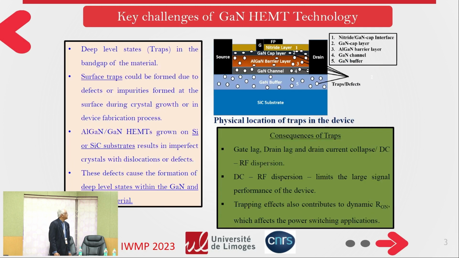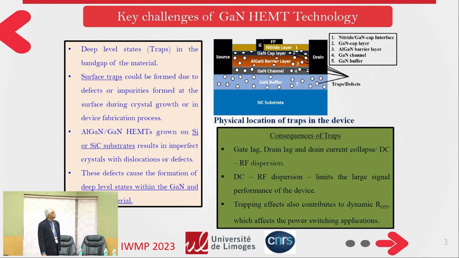Here, the AlGaN/GaN-HEMT grown on a foreign substrate results in an imperfect crystal with dislocations or defects. These defects cause the formation of deep level states within the GaN and also in the barrier. Deep level states act as traps for charge carriers in the band gap of the material.